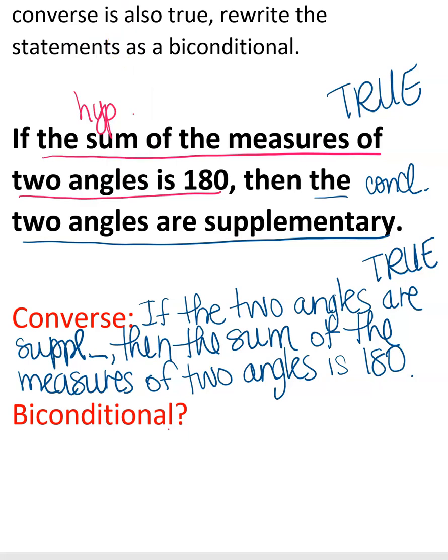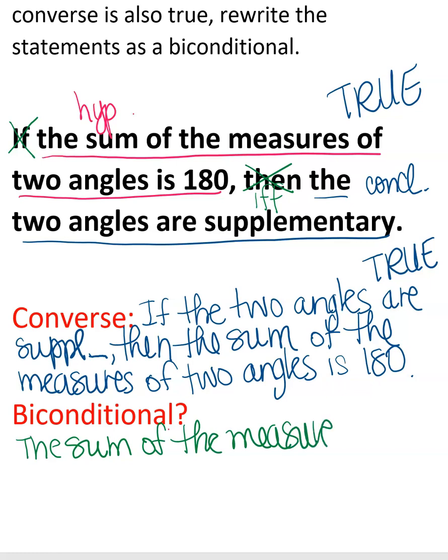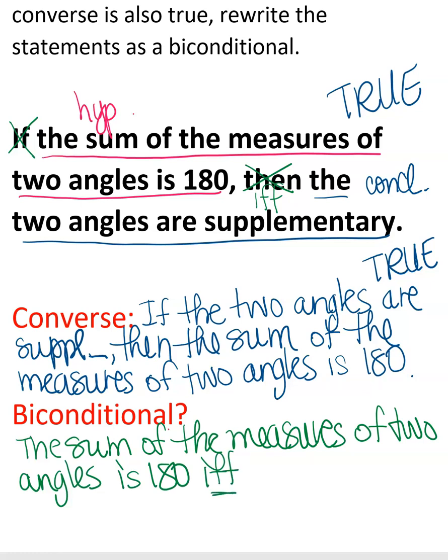You can use either one to do this. I'm going to cross off the if, cross off the then, and you're going to replace the then with if and only if. So the sum of the measures of two angles is 180 if and only if the two angles are supplementary.